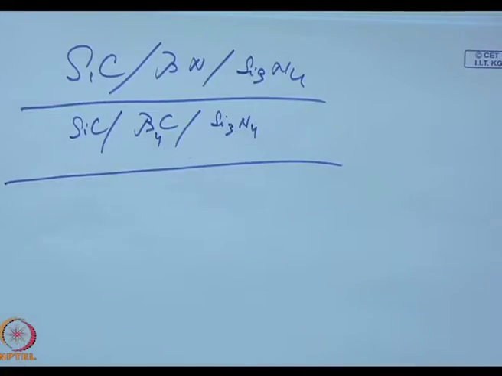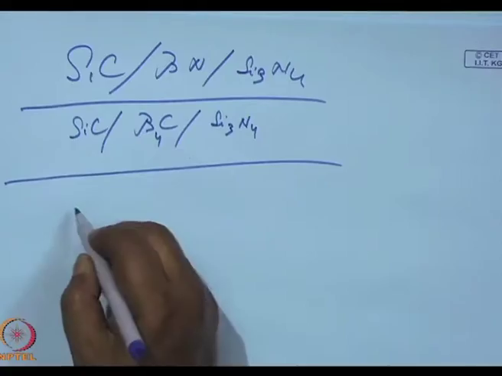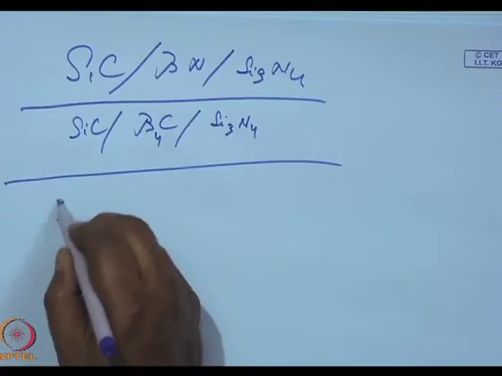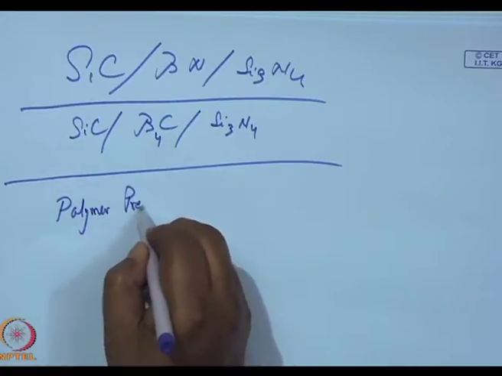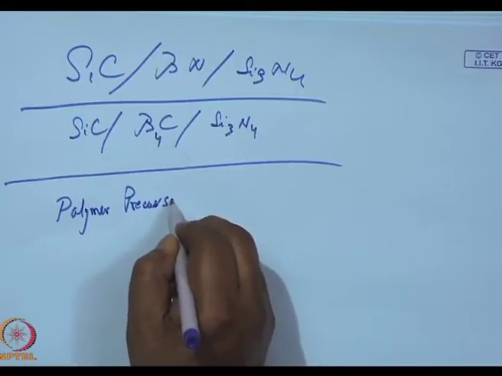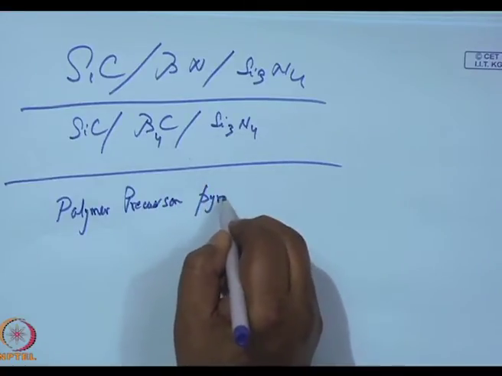This requires vapor phase processing, and over here the pyrolysis routes are basically polymer precursor pyrolysis.